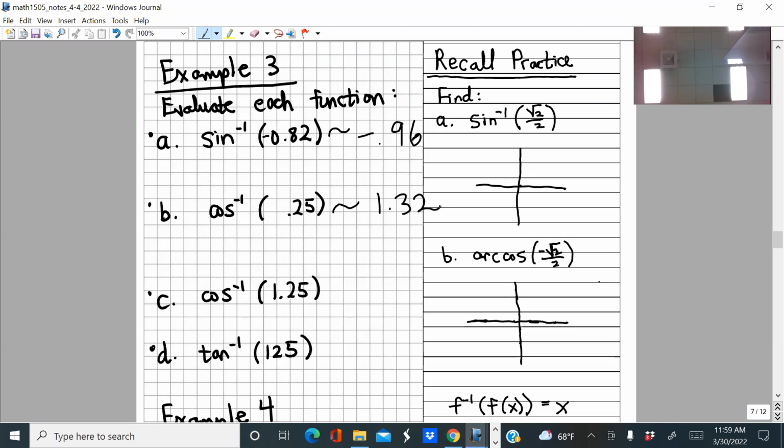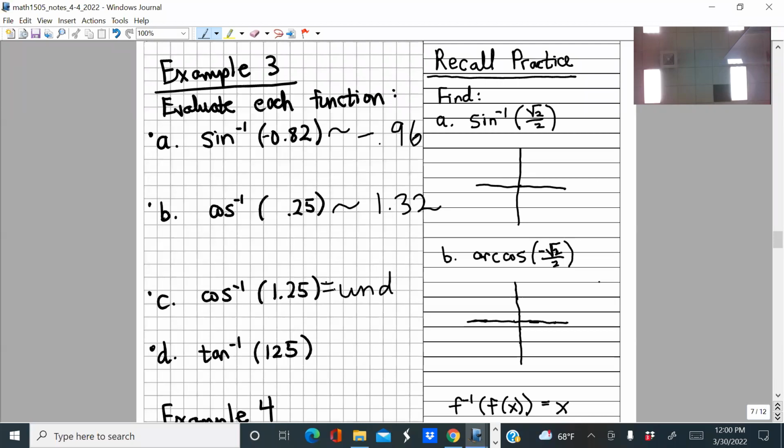So this is a trick question, because what's the arc cosine of 1.25? Undefined. Remember, you will never have cosine of an angle bigger than 1, so you can see immediately that's not going to work. But you can have tangent of angles being 125, so this is not going to come out as undefined.